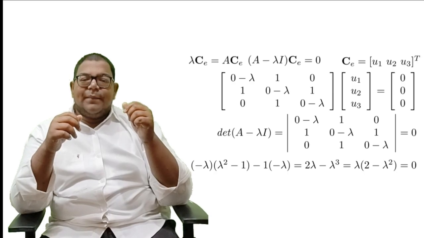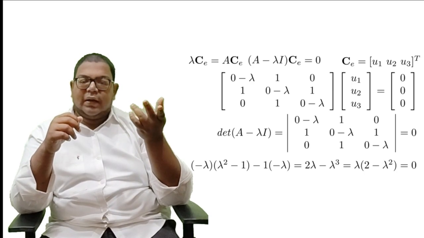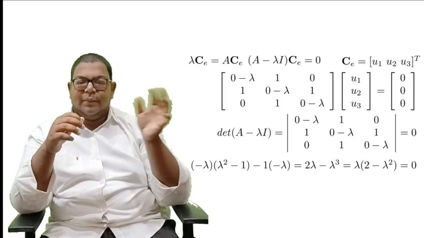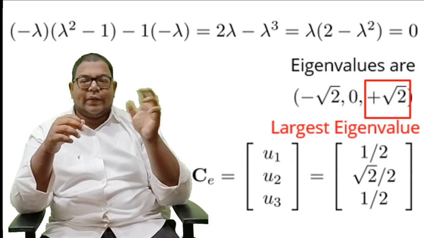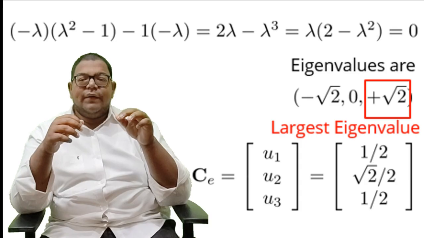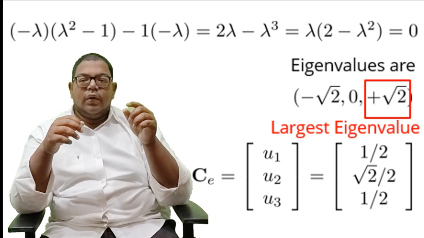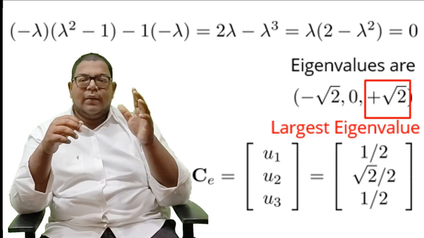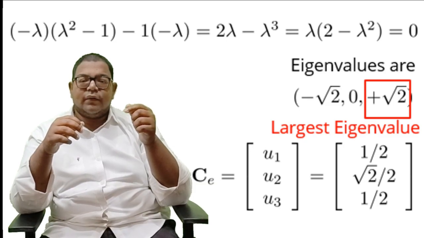Then we find the determinant of this matrix. I hope you know how to calculate the determinant of a matrix. It's simple high school math. So we get this equation. With this equation, we get the eigenvalues as minus square root of 2, 0, and plus square root of 2. Based on the theorem, we take the highest lambda value here, which is square root of 2.